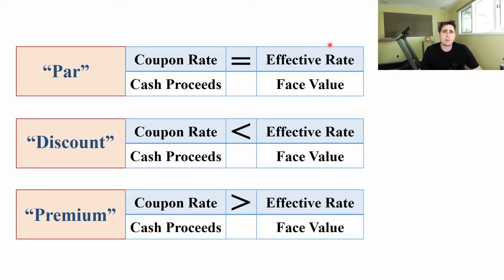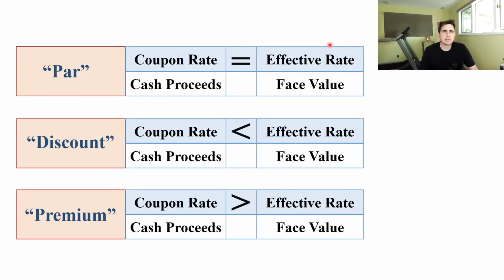So first, let's talk about the coupon rate and its relation to the effective rate, because that totally determines what category we're in here. Now recall that the coupon rate is the rate of coupon payments that the company is going to make to the investor each year. So the company takes the coupon rate, multiplies by the face value of the bond, and that is the cash amount of the coupon payment that the company is going to make to the investor.